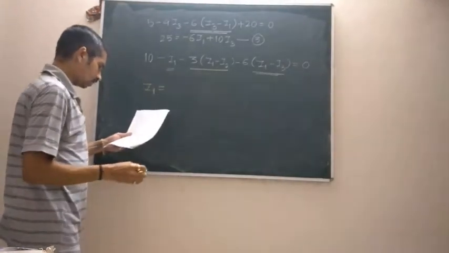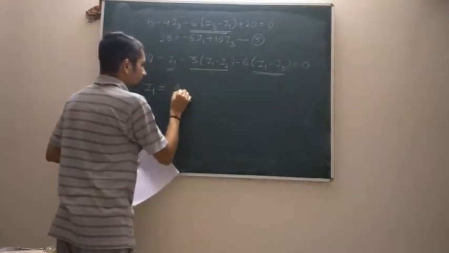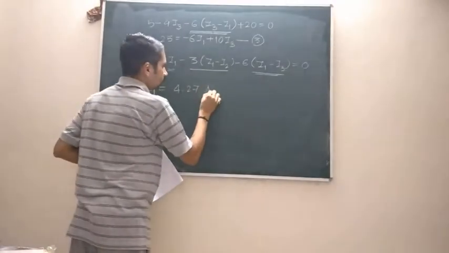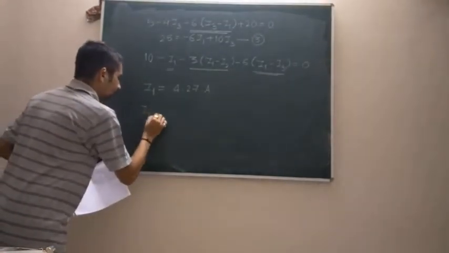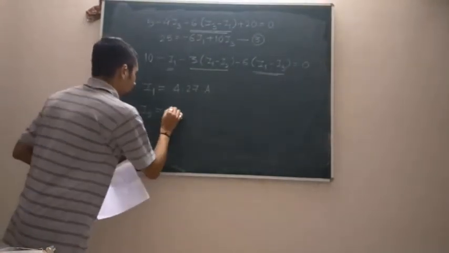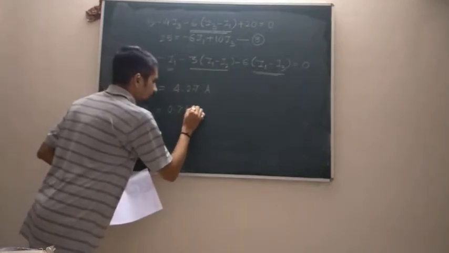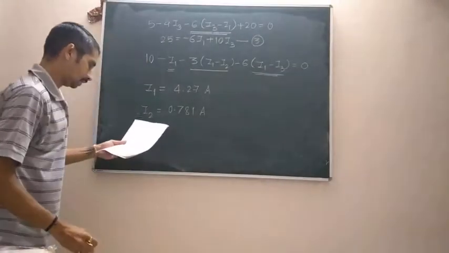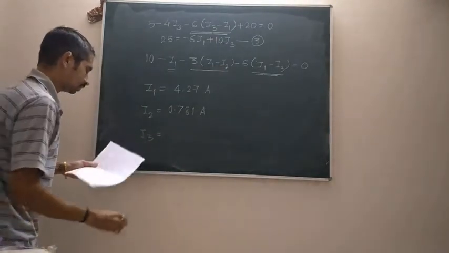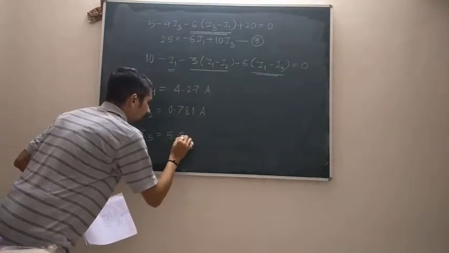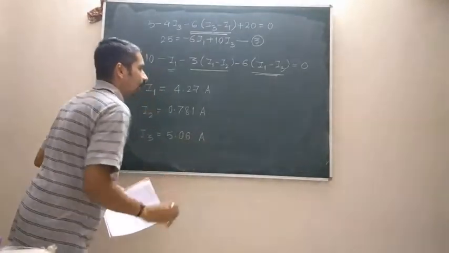So I am getting the value of I1 as plus 4.27 amperes, the value of I2 as 0.781 amperes, and the value of I3 as 5.06 amperes.